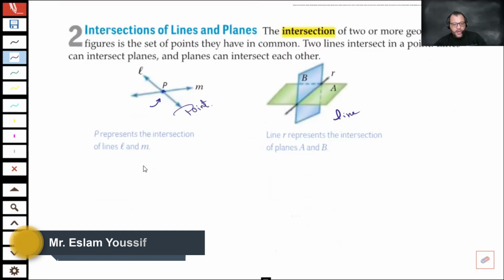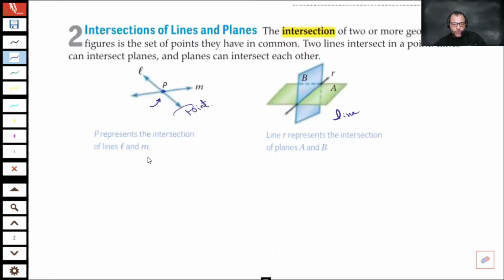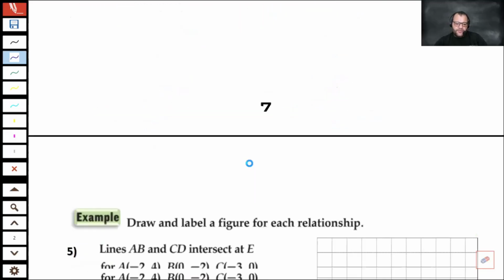You got the idea? If you draw two lines and they intersect each other, the answer will be a point. If two planes intersect each other, the answer will be a line. Any problem for this one?